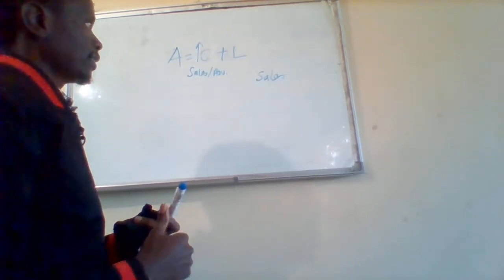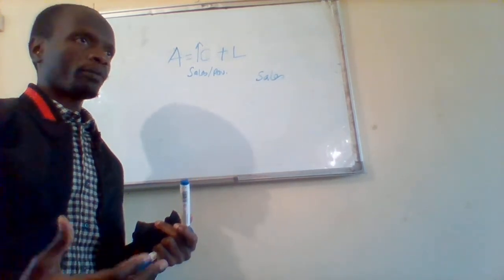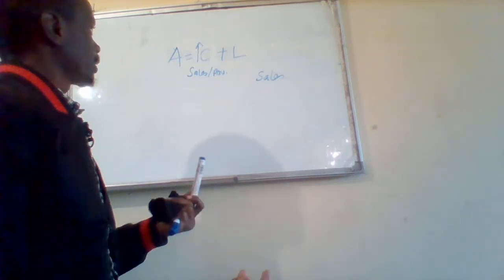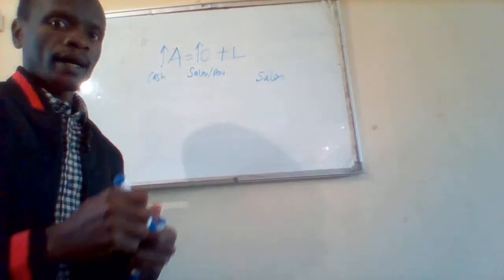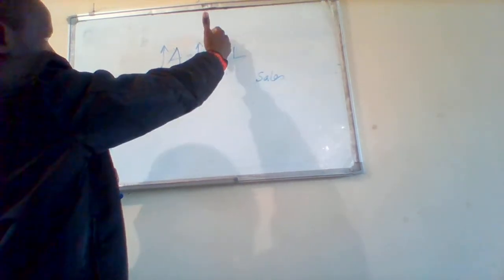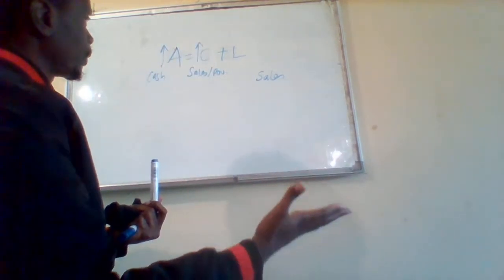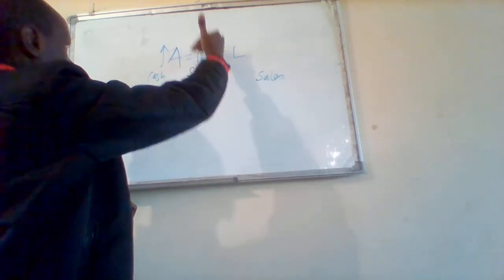Okay, so if you sell stuff in cash, let me say you are a bookshop and you sell books worth 1,000, then sales will increase by 1,000, and if you receive cash, cash will also increase. It will make your left hand side go up and the right hand side go up because you've sold and you've received cash. So your cash has gone up, your owner's equity has also gone up.